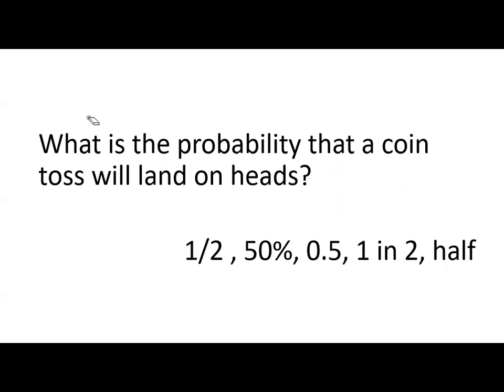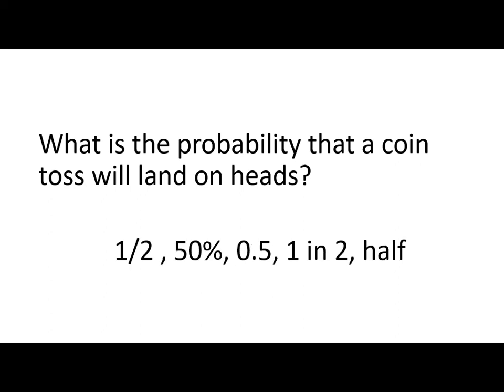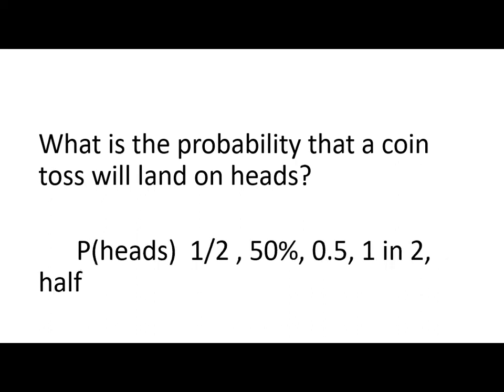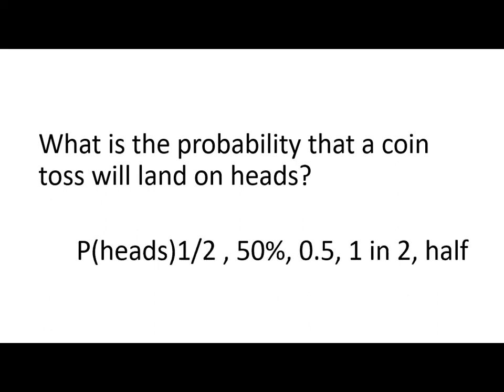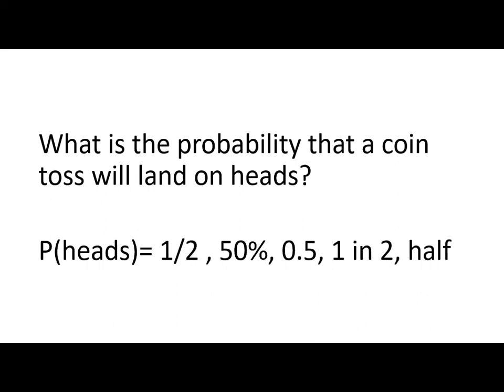Now, instead of having to write the probability that a coin will land on heads is those things, what we do instead, again, because we're lazy, is we just say P for probability. The probability that it's going to land on heads is equal to this. I'm just going to put the 1/2, just because that's the first one I have there.